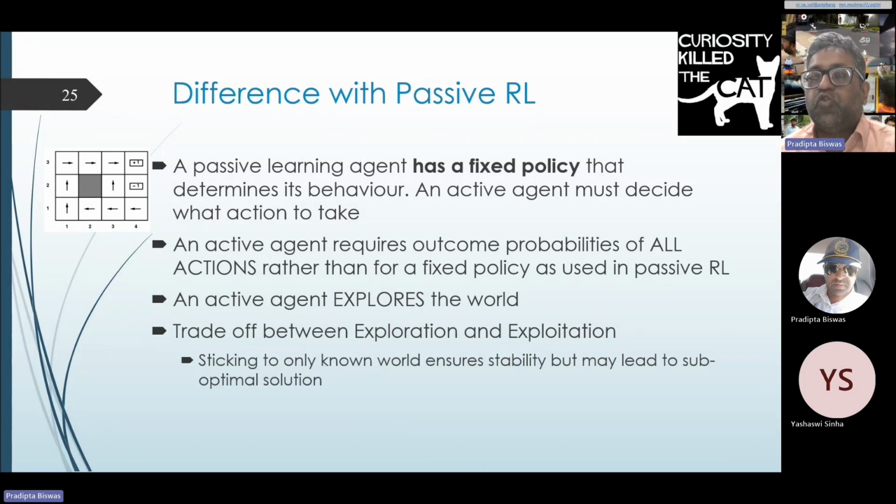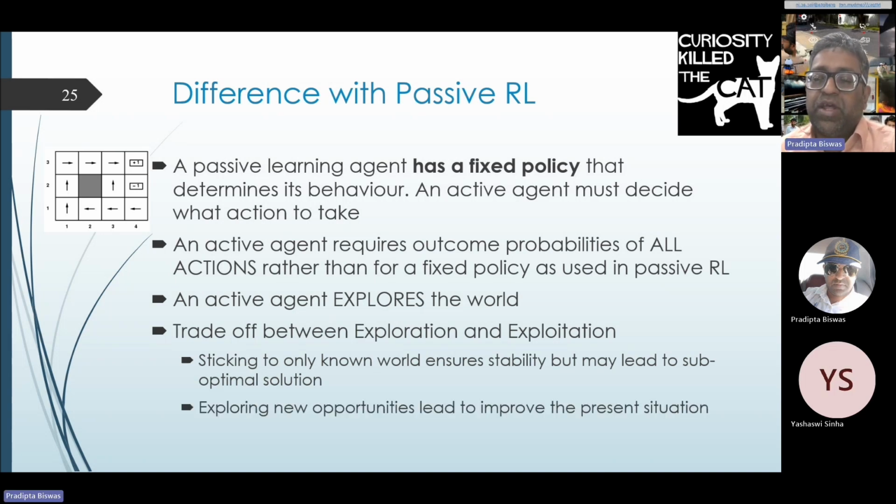Of course, it's a bit philosophical, but sticking to only the known world ensures stability, that it will take you to the goal state, while exploring new opportunities may improve the possibility of improving the present situation.